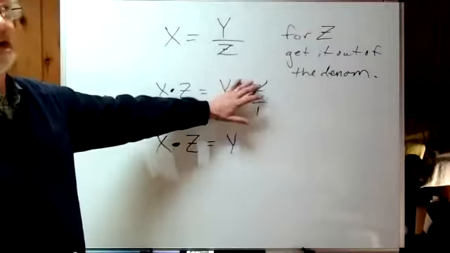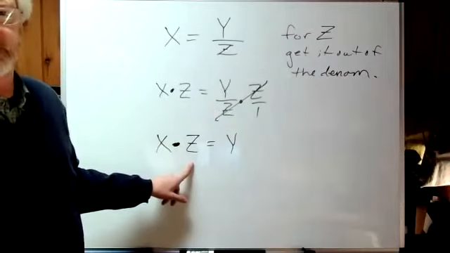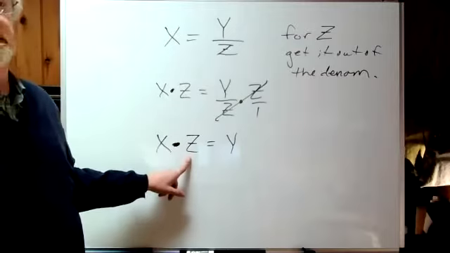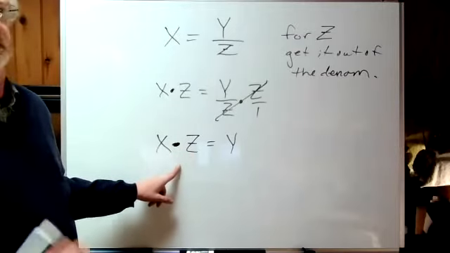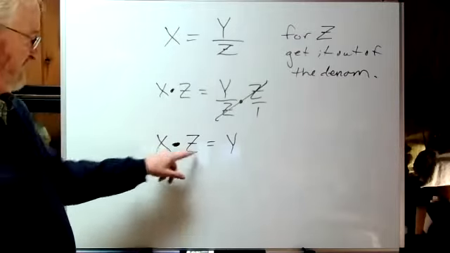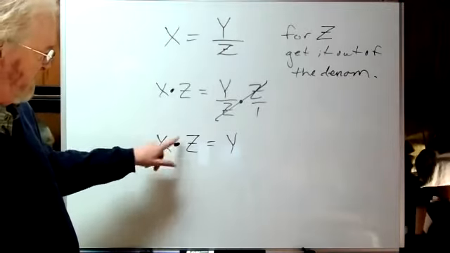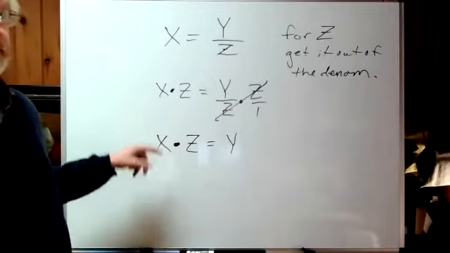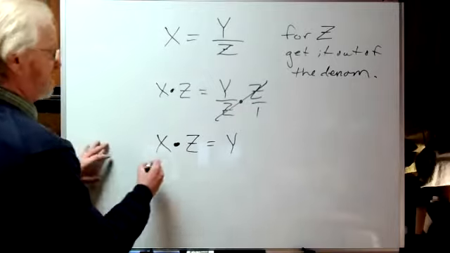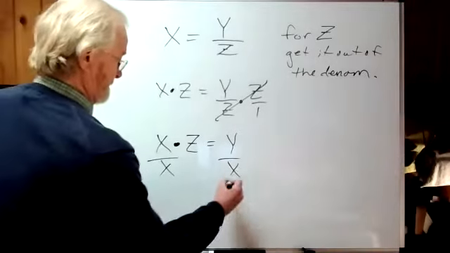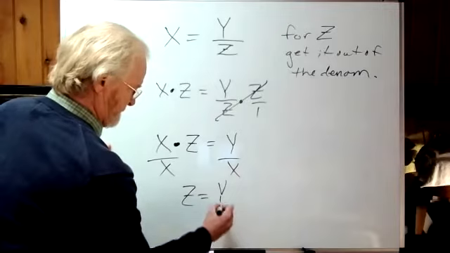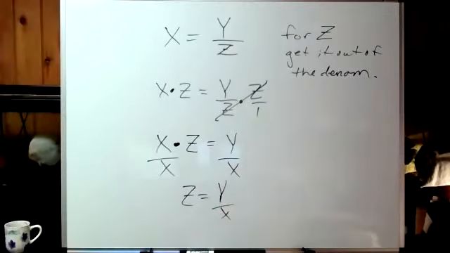It eliminated it over there, but introduced it on this side. How do I get the z alone on this side? This is like the first problem I did. Z is being multiplied by this x, so I'm going to divide this side by the x. We moved things around a bunch, but there's what you get.